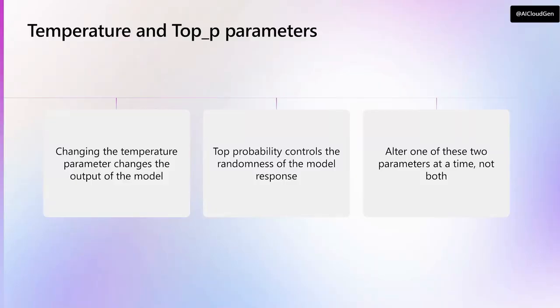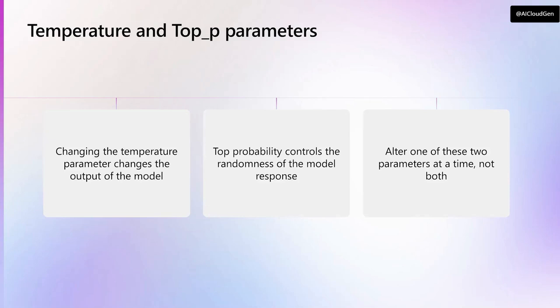When it comes to temperature, the lower the temperature, the more accurate the response is going to be. If you keep the temperature really low, the response is more accurate. If you keep the temperature higher, the responses will have more randomness. Then your question is, why should I have a high temperature, because it's going to give random answers, right? Think about writing a fictional story. You have to be more creative. It doesn't need to be realistic fact or anything. It can be random.